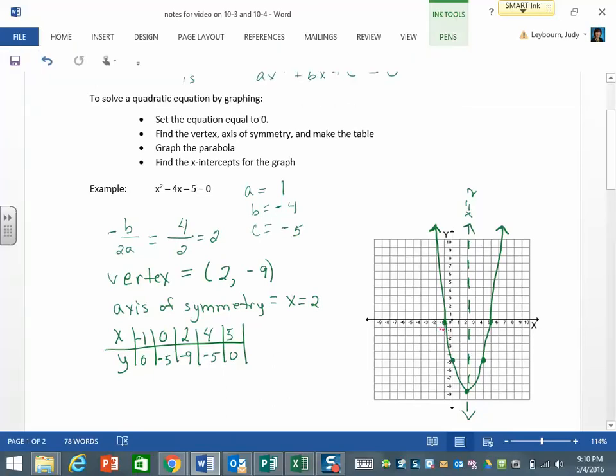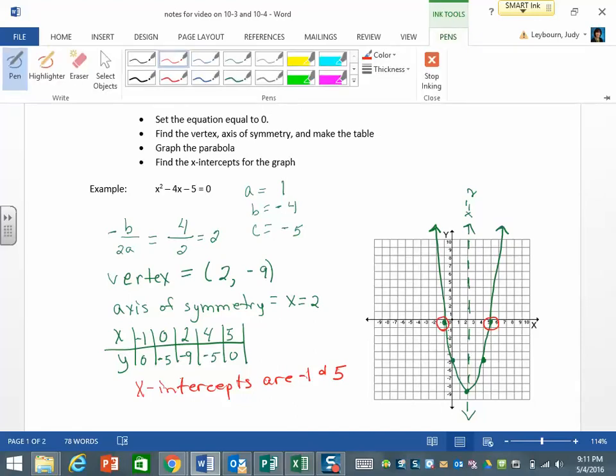But right here we have our x-intercepts, and the x-intercepts are -1 and 5. So our solutions for x would be -1 and 5.